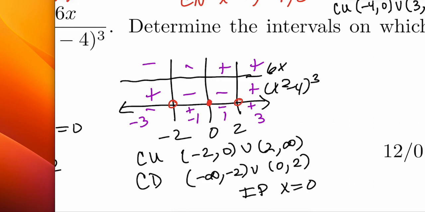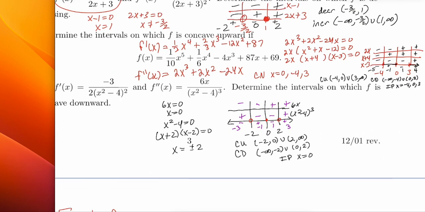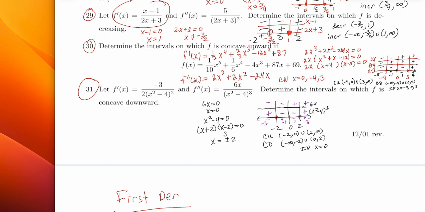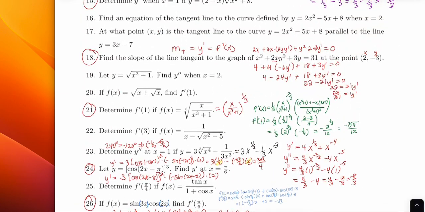It can't be an inflection point. How can you have an inflection point where the point doesn't exist? The only point that would be included is at 0. There is an inflection point at 0. Most likely, there's a little cubic between two asymptotes if you were to graph the original function. Okay, so that is 31.